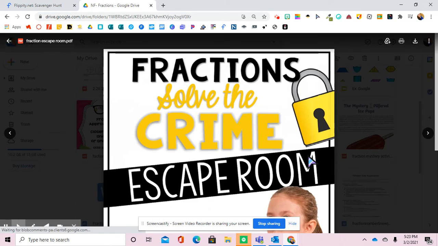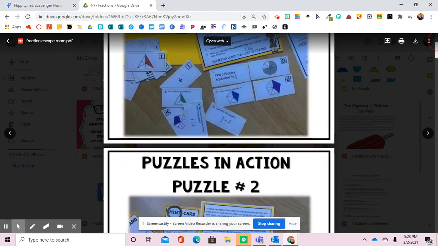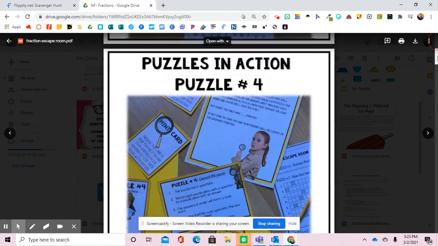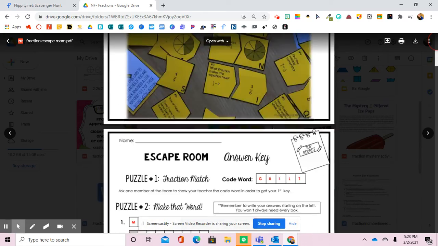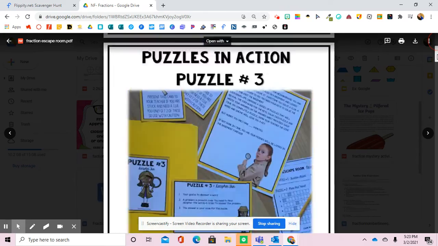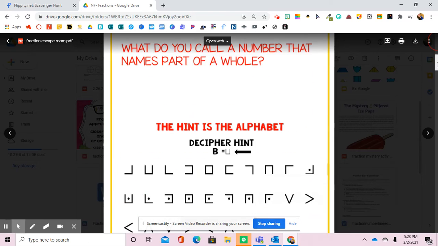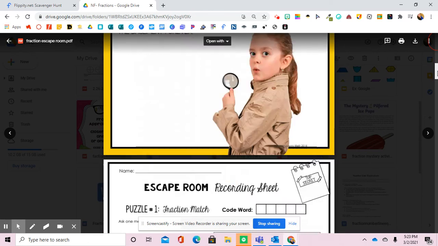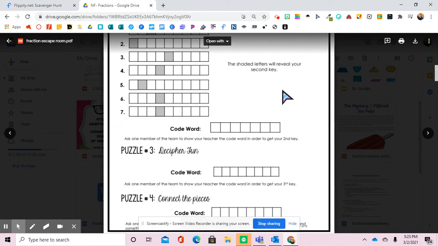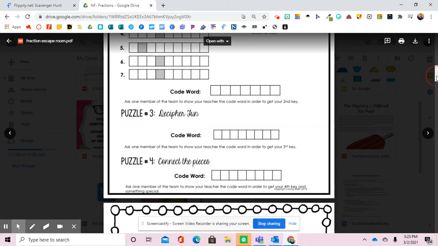Here it is. Here you go. That's the answer key one, but that one. So yeah, this one right here, we can all get a copy of that so that they can keep track of their words for the answers there.